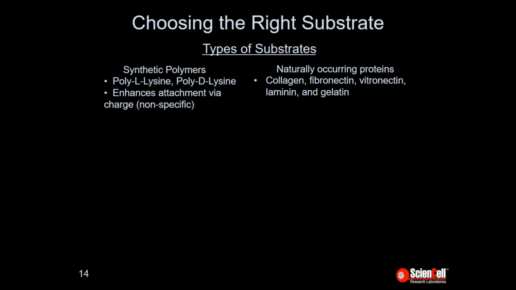Natural substrates, such as collagen and fibronectin, tend to be more representative of in vivo conditions and often work in a more specific way through cell membrane receptor interaction. Cells can grow very differently on the various substrates, so choosing the best substrate for your particular primary cell requires careful thought and may depend on your experimental plan.